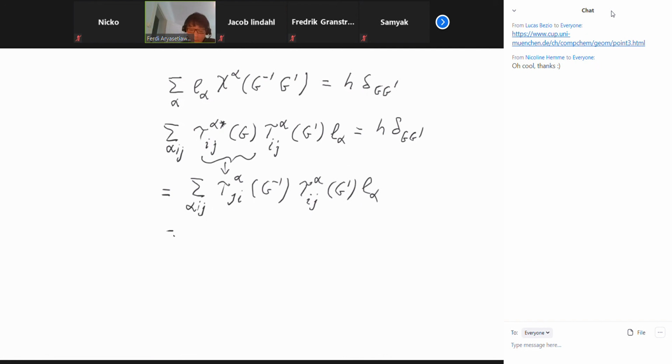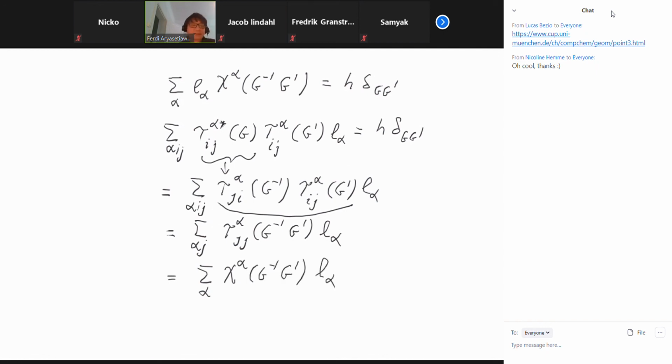That is equal to the sum over j. So I'm just multiplying this matrix. So I can get it all, j minus 1. Right. And then alpha. That is just the matrix. So then you get the sum over alpha of the character of G minus 1, G prime, and alpha. So that's the thing we want to show. Yes. So this then is equal to that one.